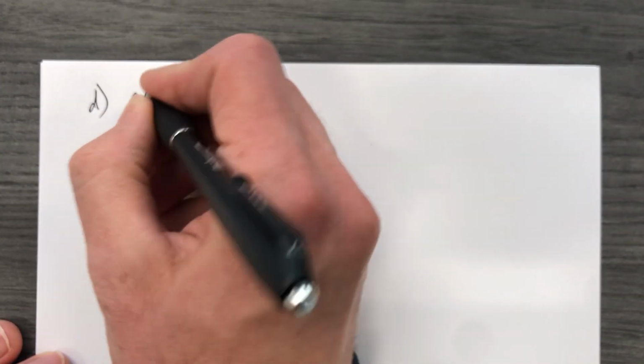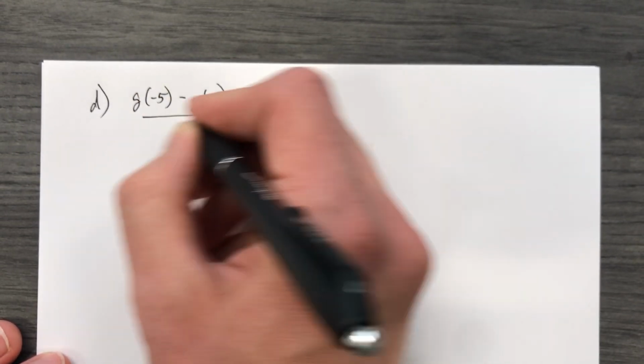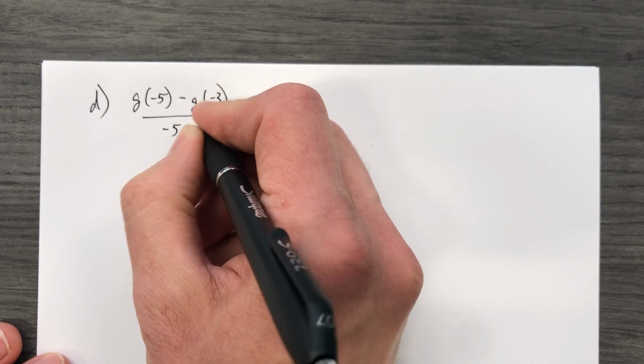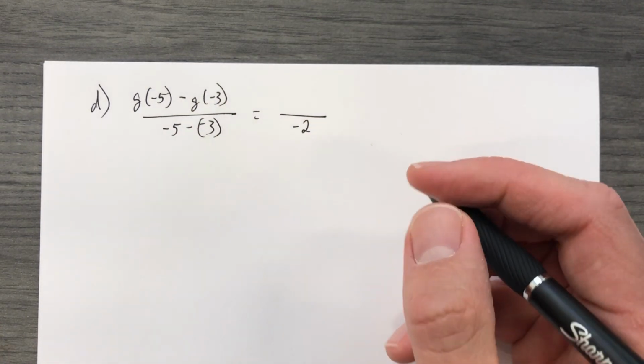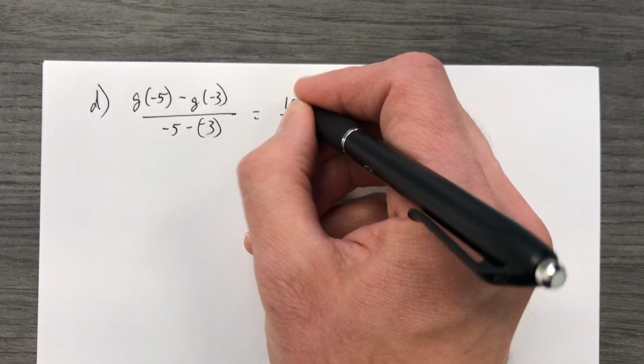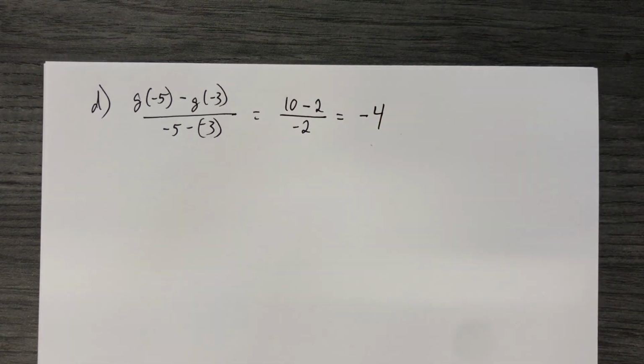Okay? All right, so here's what's going to happen. We're going to find g of -5 minus g of -3 over -5 minus -3. There we go. So that's going to give me -2 in the denominator, and looking at the table here, 10 minus 2 in the numerator. So you do all your math, you're going to get -4. So here's the deal.